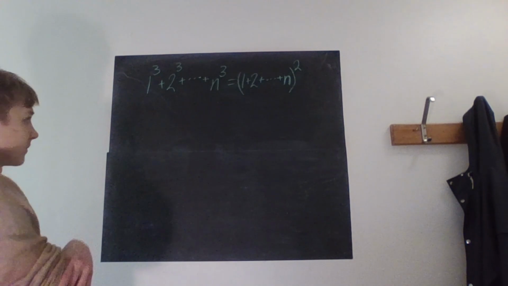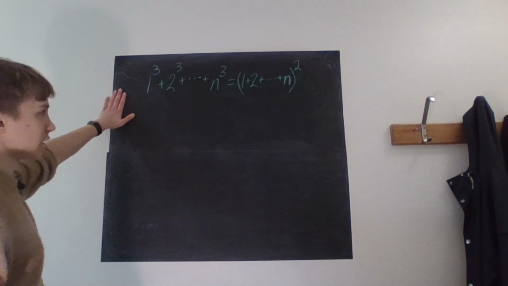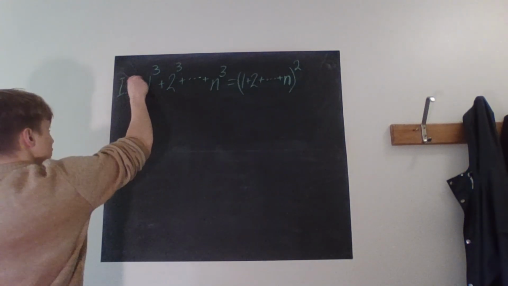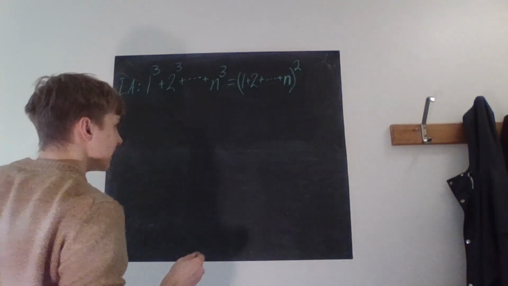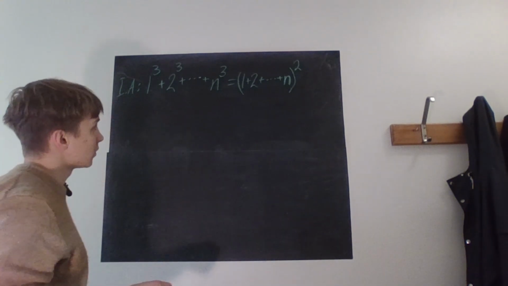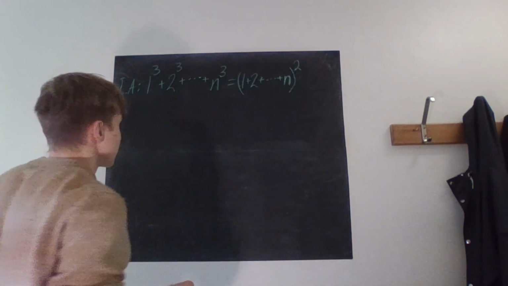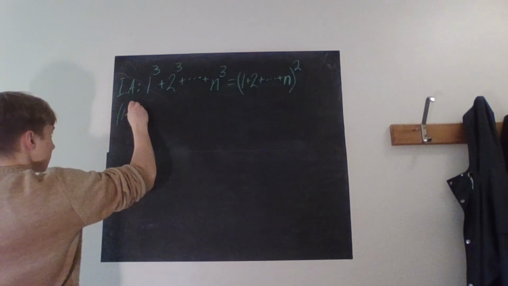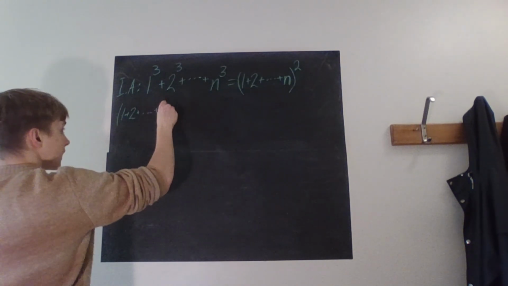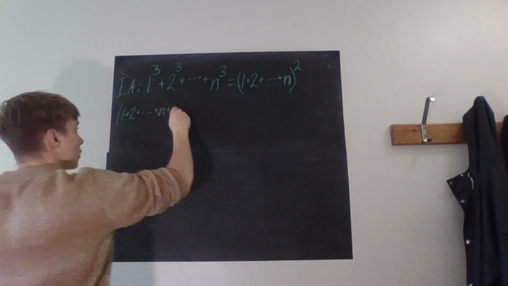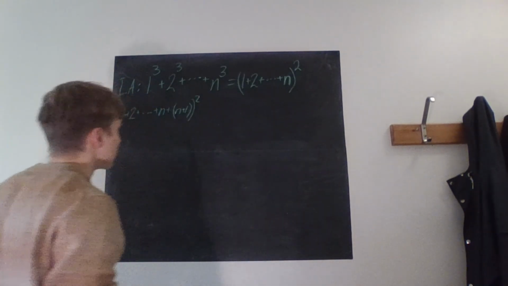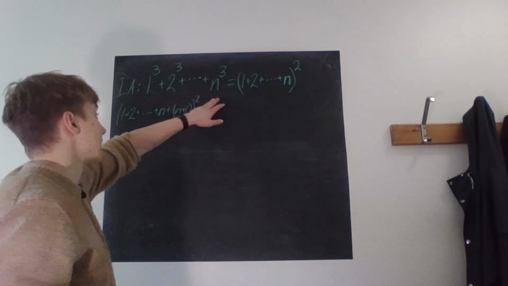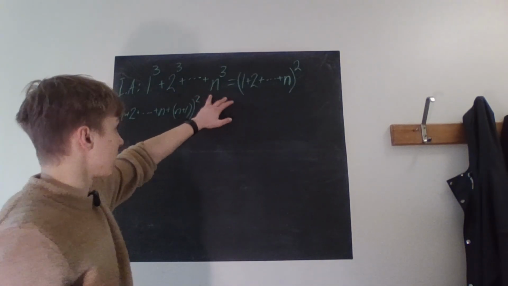So now we make this our induction assumption, and so we assume this, and now we prove that it works for when n is n plus 1. So I would start with the right hand side. So what do we have then? Okay, we have 1 plus 2 plus all the way up to n, and then also plus n plus 1, and you have all of this squared, and we want to get to this point with a plus n plus 1 cubed.